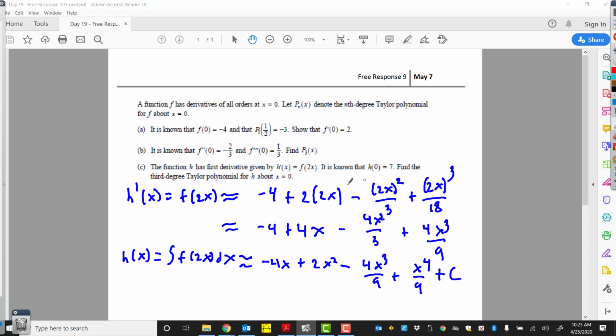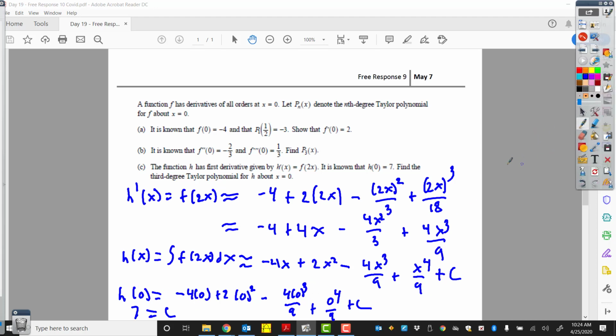And this is where that h of 0 comes in. So to find out what c is, we say h of 0 is equal to negative 4 times 0 plus 2 times 0 squared minus 4 times 0 cubed over 9 plus 0 to the 4th over 9 plus c. And we're going to start canceling things. And so we end up with just 0, 7 equals c, because all of these become 0.